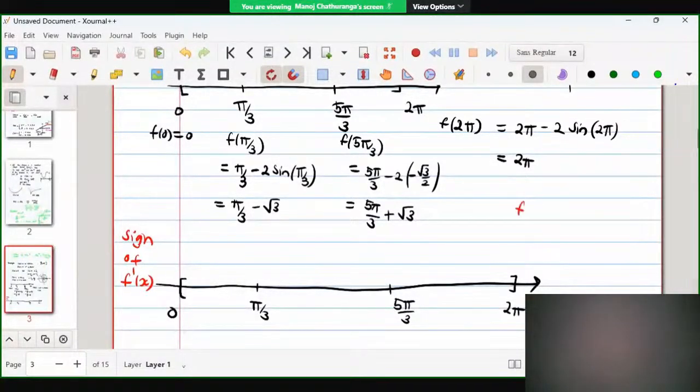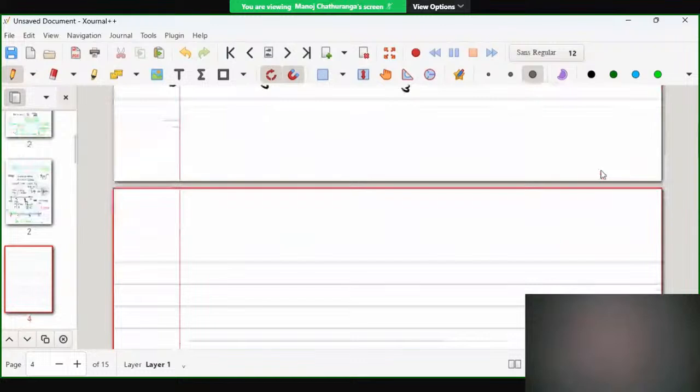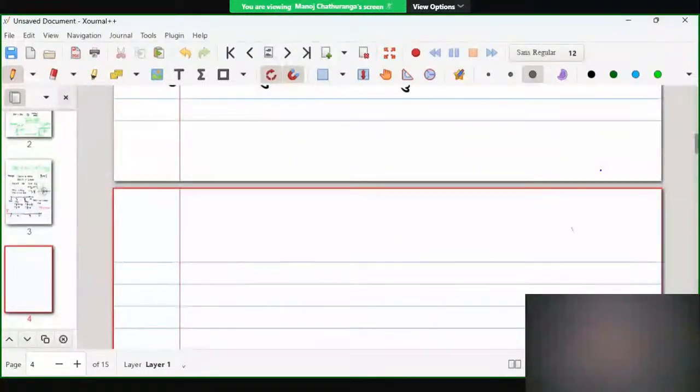The derivative is 1 minus 2 cosine x. On the unit circle, for angle theta, cosine theta is the x coordinate.